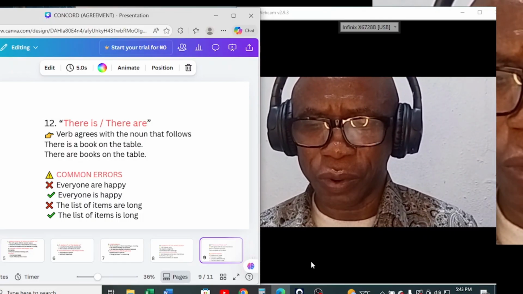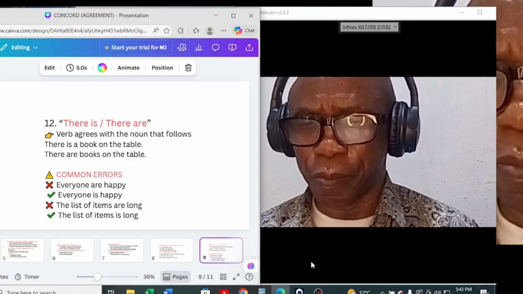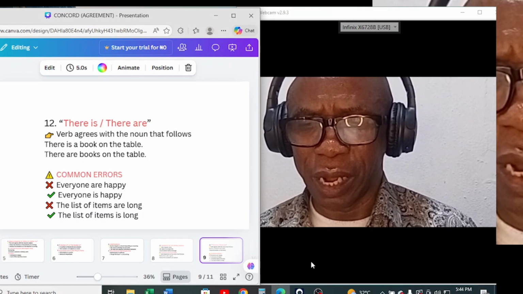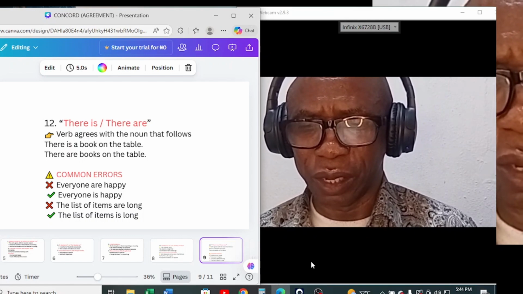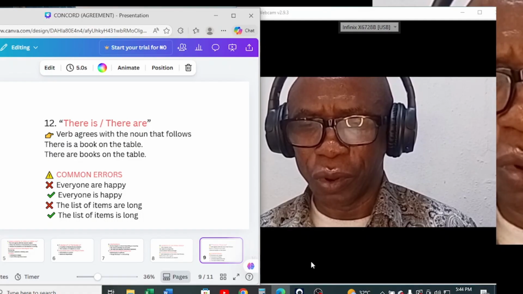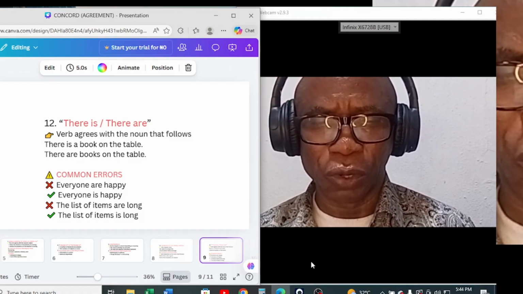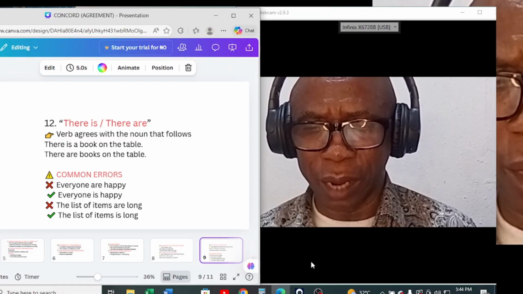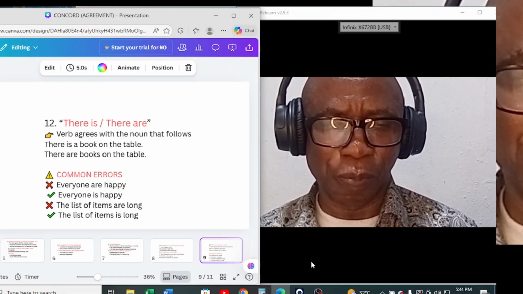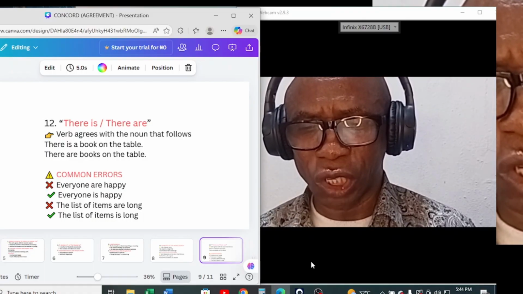The word that follows it is in singular, so it is a singular verb that we shall use. But the second example, there are books on the table. So the books are more than one. It's in plural. Therefore, a plural verb will be used. There are books on the table.